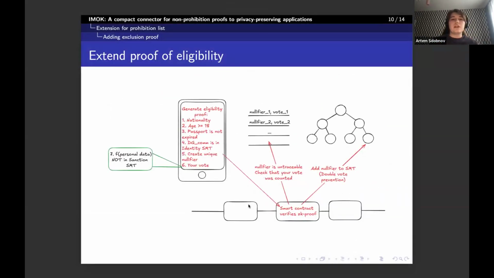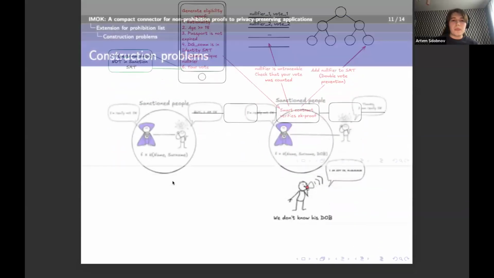And now we extend our eligibility proof with proof that a function of our personal data is not stored in this SMT. So now we can prove that we are not a forbidden person.